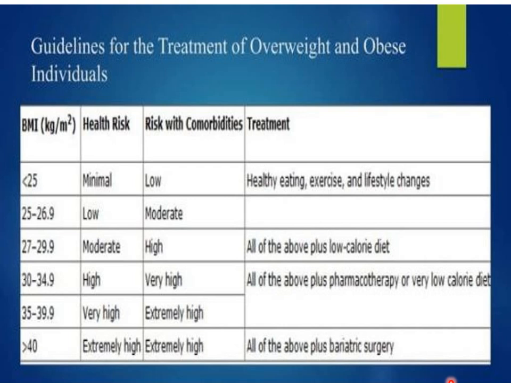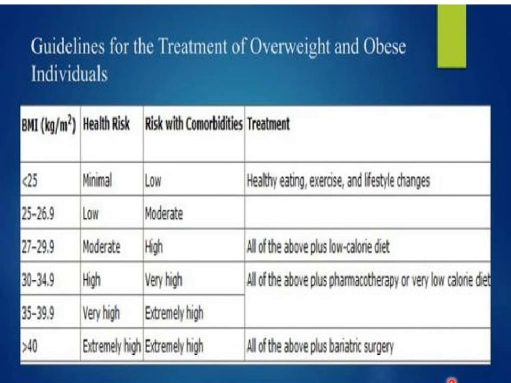A body mass index of 25 to 26.9 has a low health risk and a moderate risk with comorbidity. Like the previous group, healthy eating, exercise, and lifestyle changes will be enough for these people.